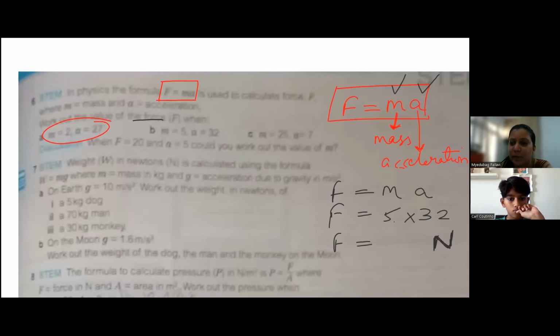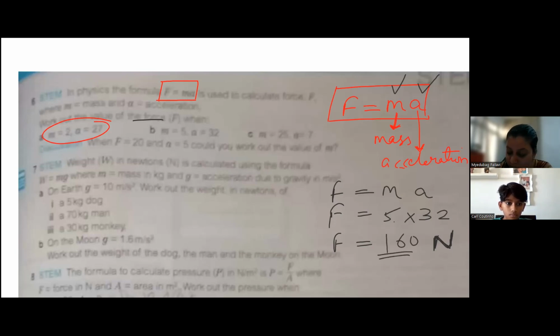You can solve it in your notebook. No need to do it in your mind. Okay, 160. Yes, that's correct. 160 is the correct answer.